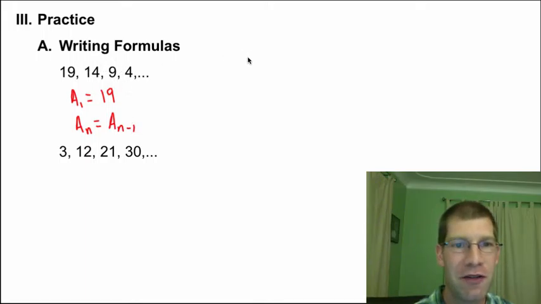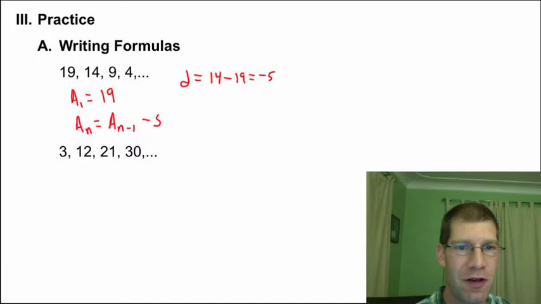Now if we look here, if you're not sure, you could go with what I'd said before, that if you want to find d, take any number in there, 14, subtract the number before it, and I get a negative 5. So my constant difference is going to be a negative 5. So you could say you find the nth term by taking the one before it and subtracting 5.